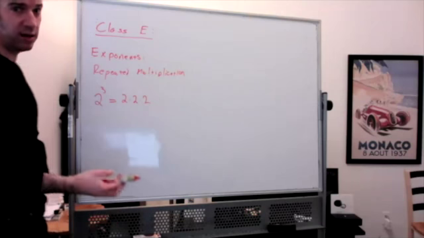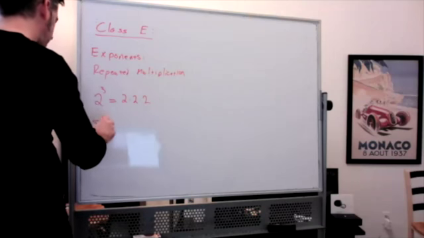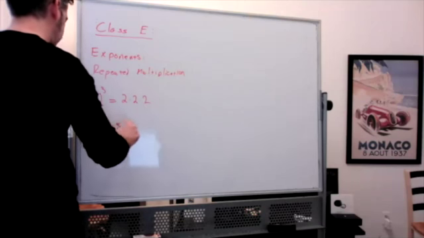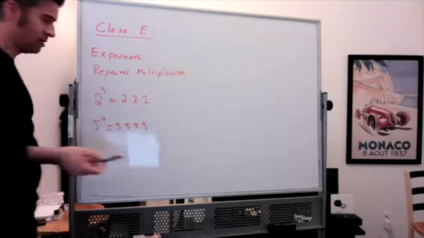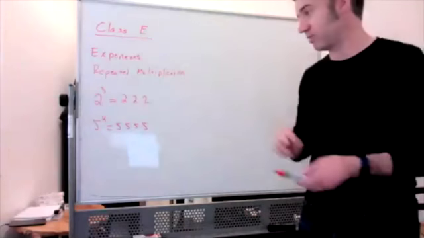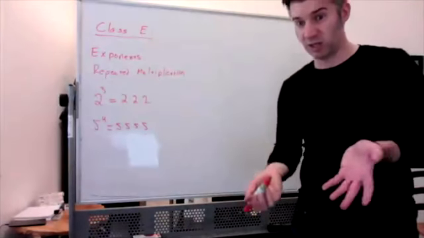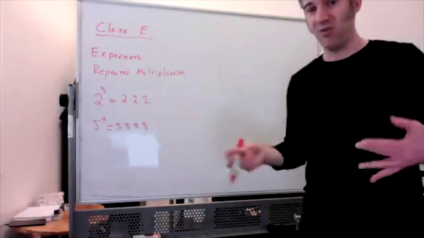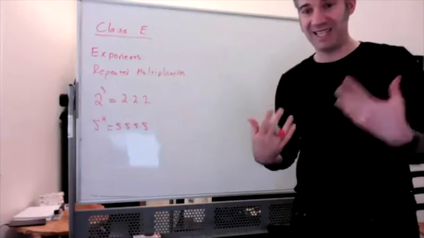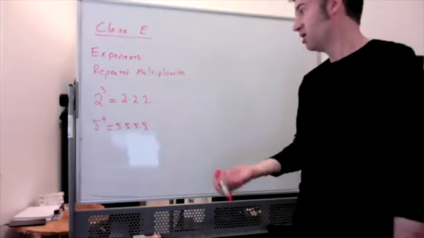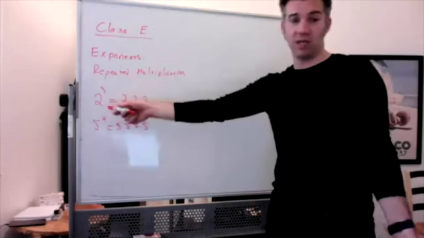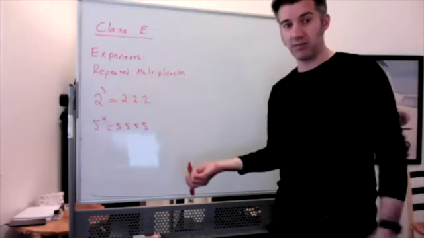And in a similar way, 5 to the fourth means 5 times 5 times 5 times 5. Exponents are just abbreviations. If I want to write 2 to the 10th, I don't want to write 2 times 2 ten times, right? That just seems silly. So instead, we came up with this notation to make things easier.